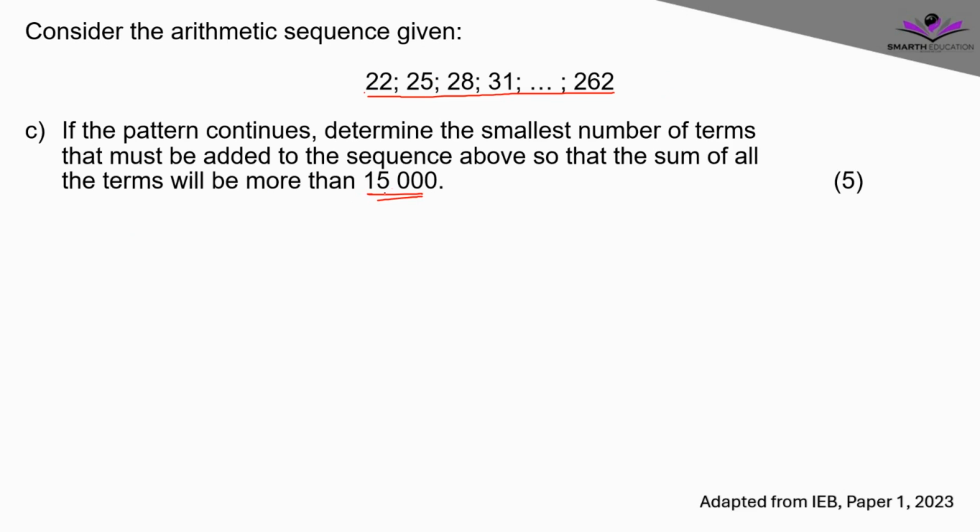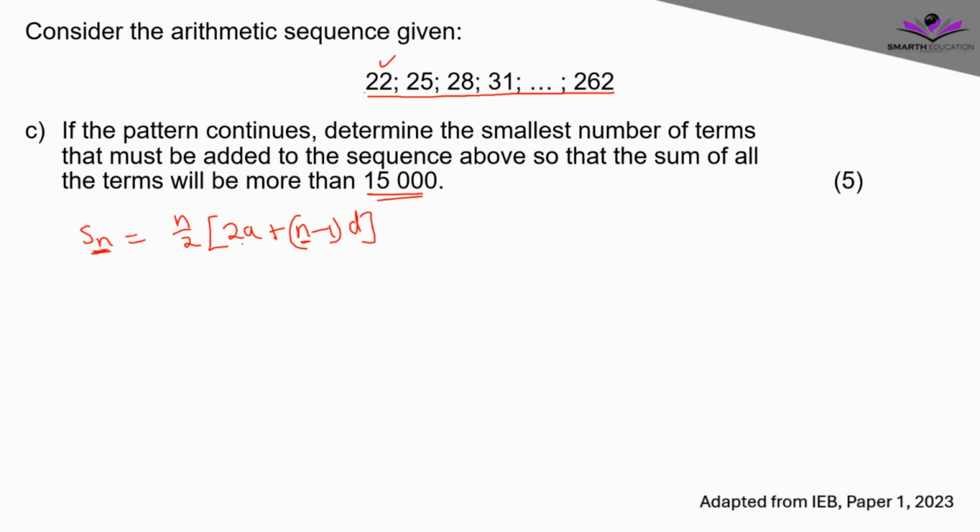Okay, and then I'll show you the second method. All right, so we have Sn is equal to n over 2, then 2a plus n minus 1 d. All right, we know our a is 22, our d is 3, and then we're looking for n, and now the sum of these terms must be just greater than 15,000.